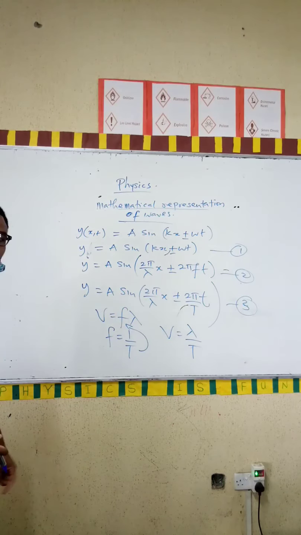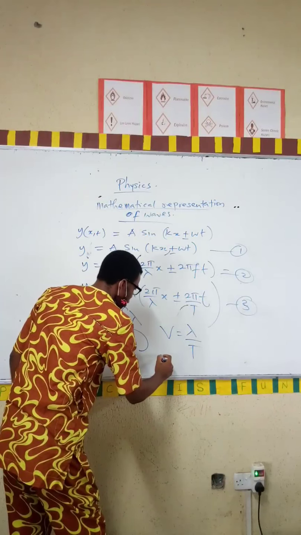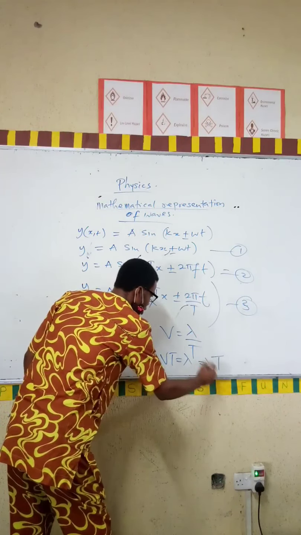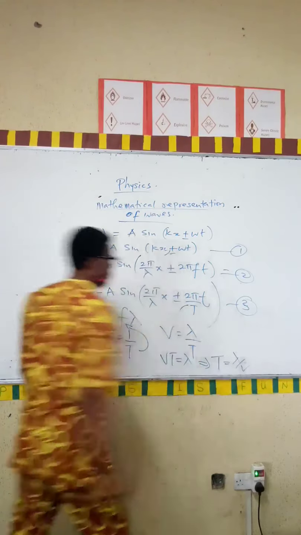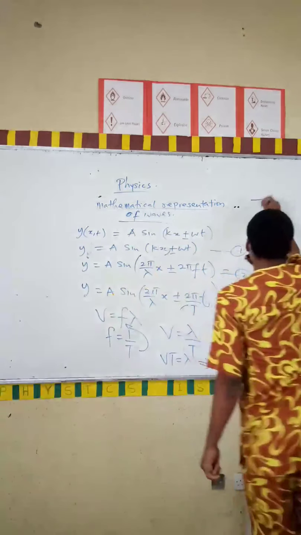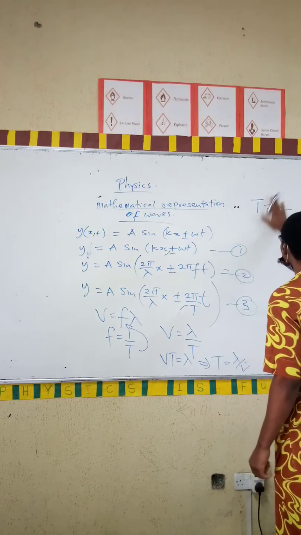If I do, I have vT = lambda. Therefore, T = lambda over v.